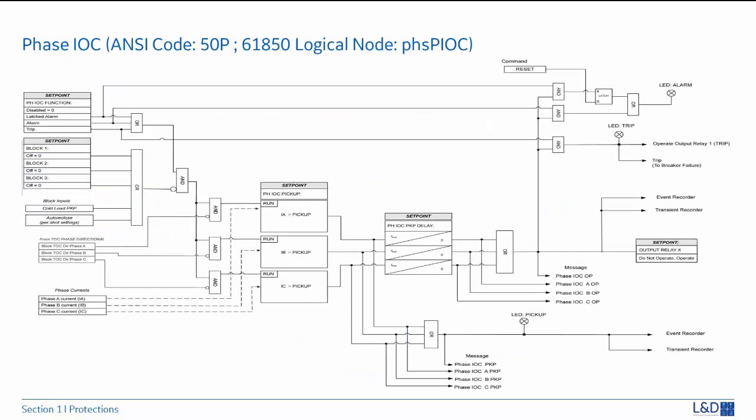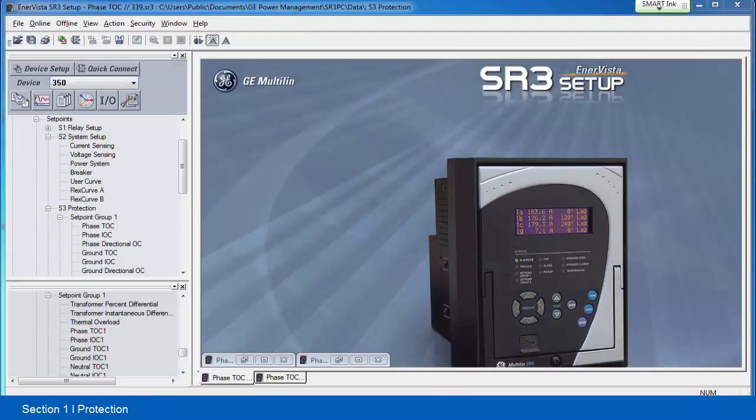In the real phase IOC logic diagram, there are more blocking inputs like directional, and there are more current inputs from phase B and C. Phase TOC is the only common element shared by all 3 types of relays. There are some differences.